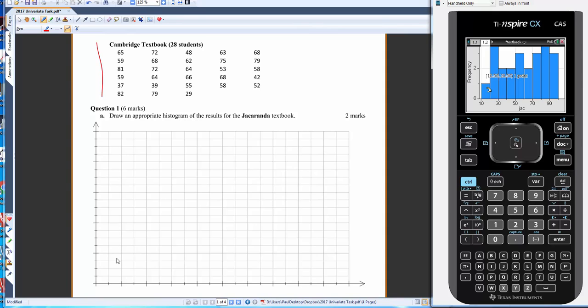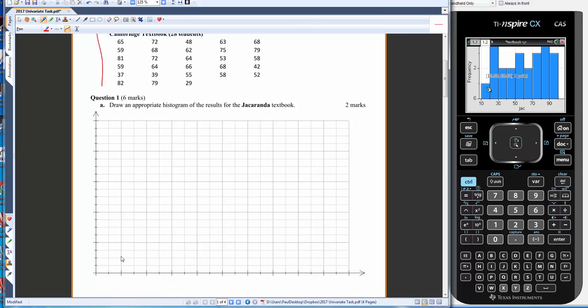What we're going to do is label our axes first of all. We're doing the Jacaranda, so we're going to call this the Jacaranda scores, and over here we've got the frequency. So we've got 0, 10, 20, 30, 40, 50, 60, 70, 80, 90 and 100.